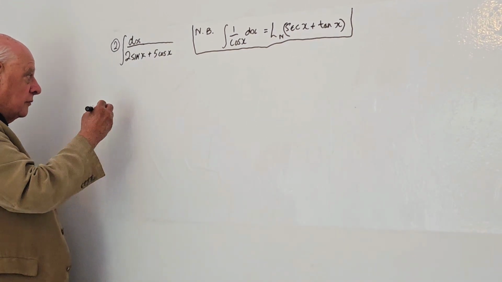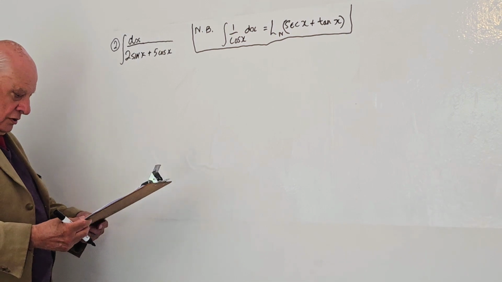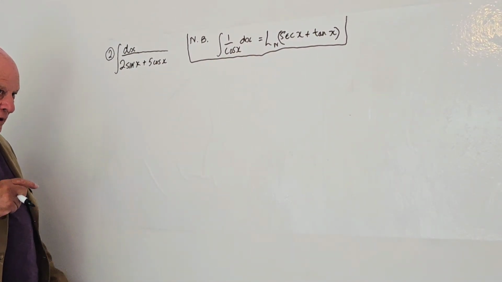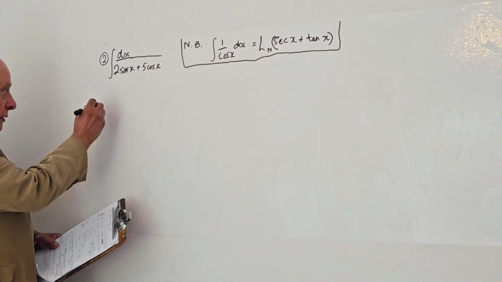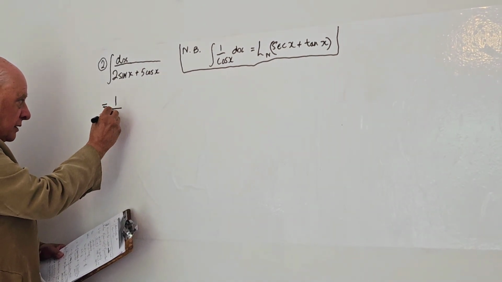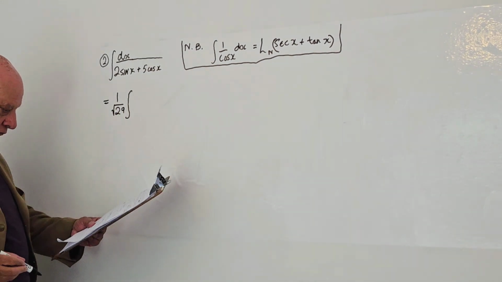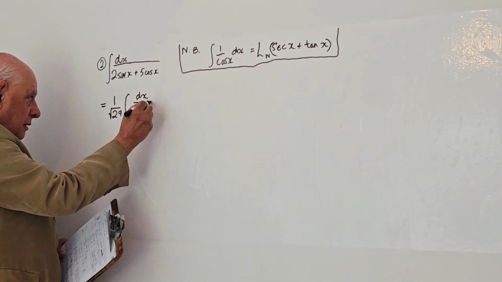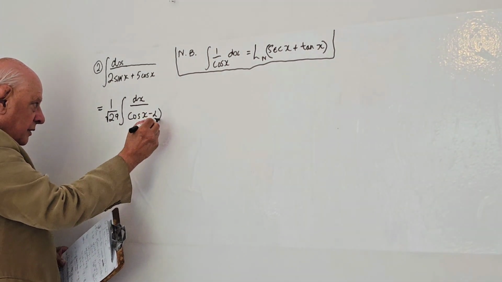Right, so what I'm going to do is cut to the chase directly and explain what I've done after that. Okay, so the integral here can be written as 1 divided by the square root of 29 times the cosine of x minus alpha.